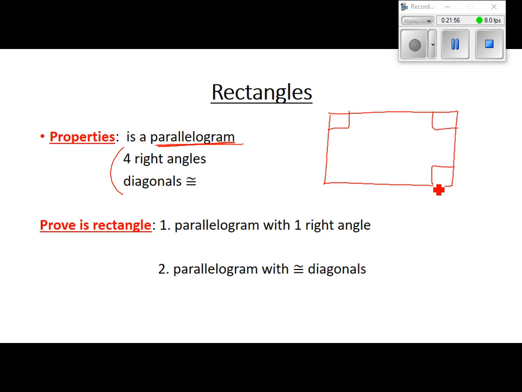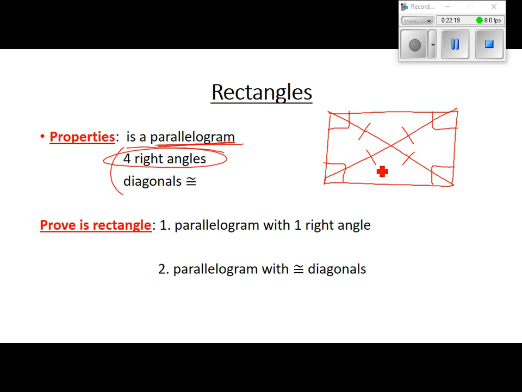That's the main property for a rectangle. It has 4 right angles. And then the diagonals are also congruent. So the length from here to there and the length from here to there are exactly the same. We know that they bisect each other, so that means these 4 little segments in here, all 4 are congruent to each other, if that shape's a rectangle.